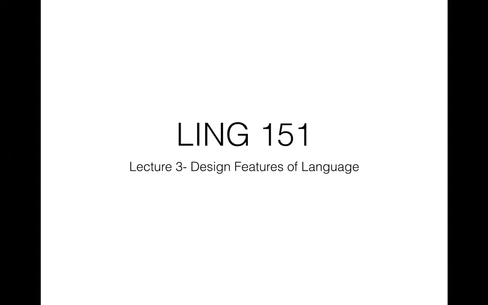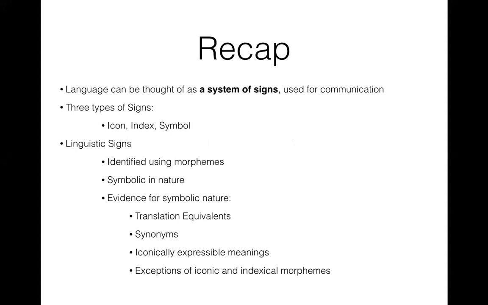So this is lecture 3. We are getting into the design features of language. Let's recap where we were last week. We started looking at language as a system of signs. Going back to Charles Sanders Peirce, the philosopher's work on signs, there are 3 different kinds of signs.